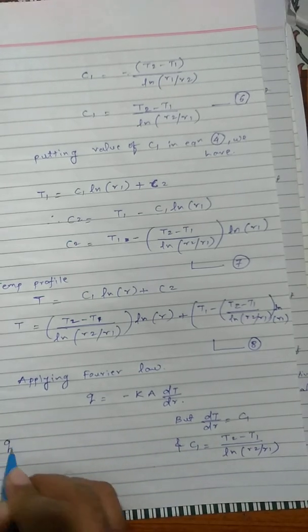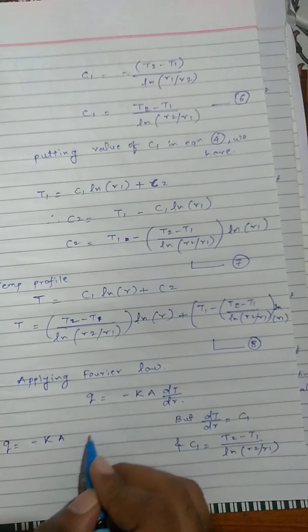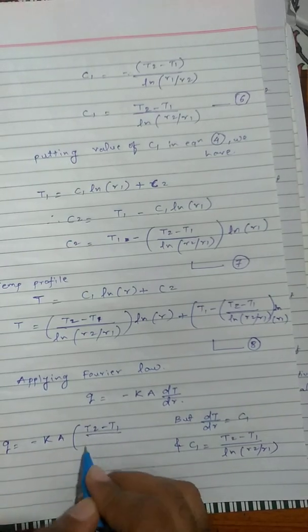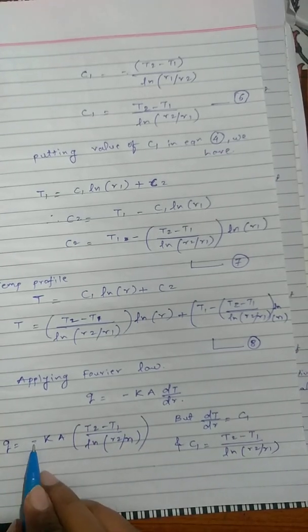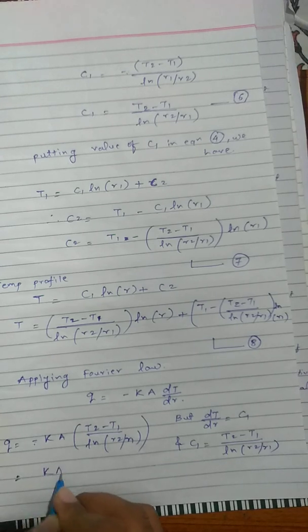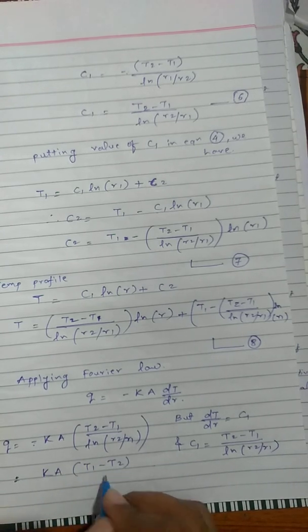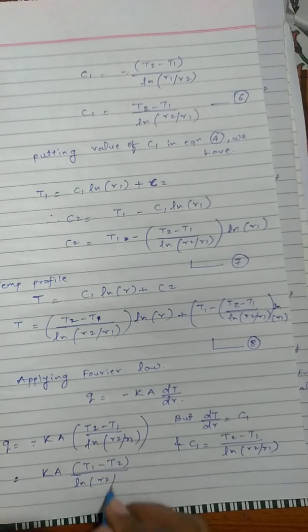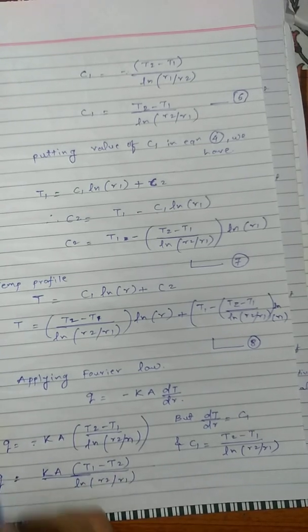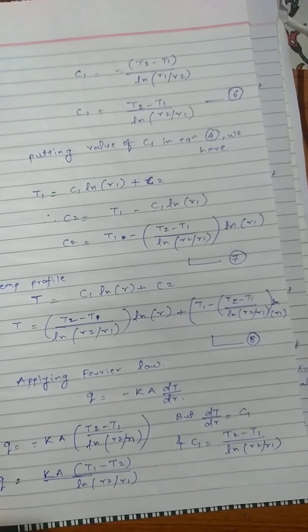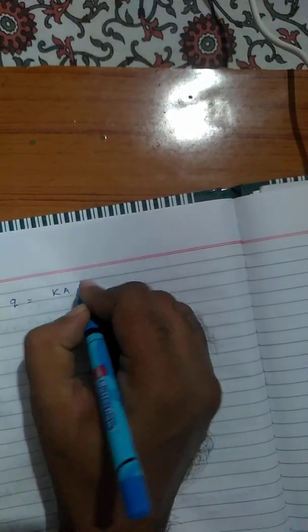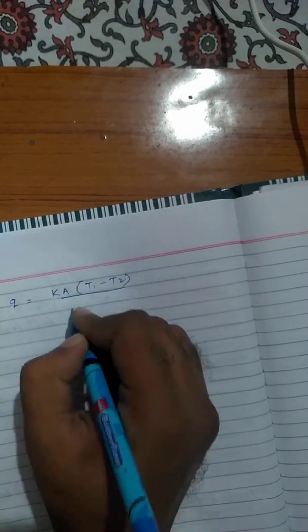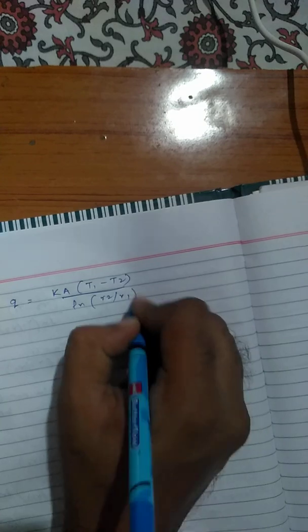So we are going to have Q equal to minus K A times T2 minus T1 divided by ln of R2 by R1. Taking the negative sign inside, we have K A T1 minus T2 divided by ln of R2 by R1. Now let us proceed further. Q equal to K A T1 minus T2 upon ln of R2 by R1.